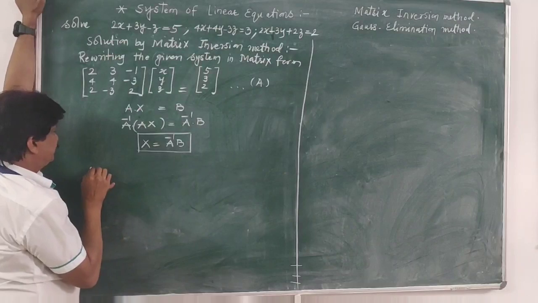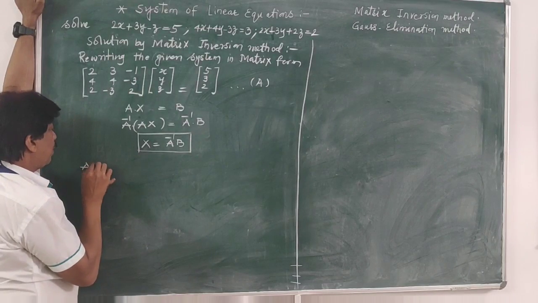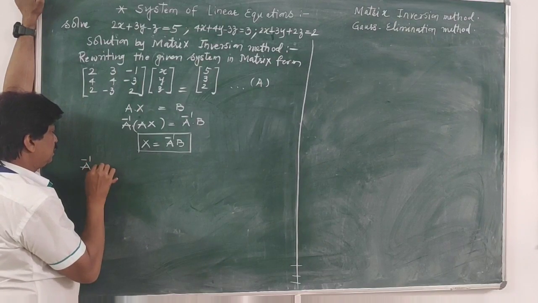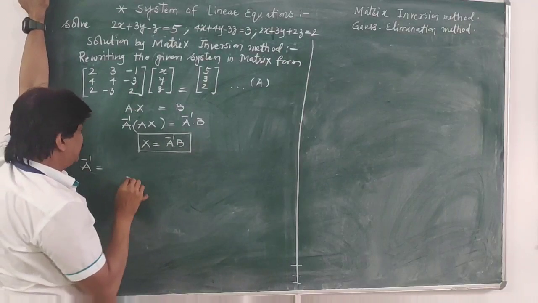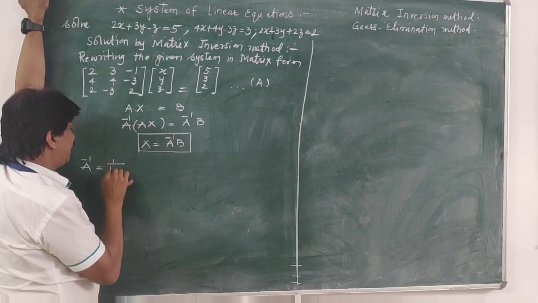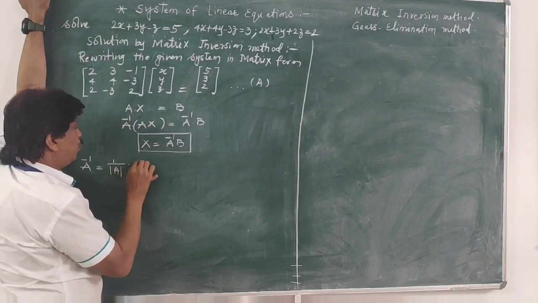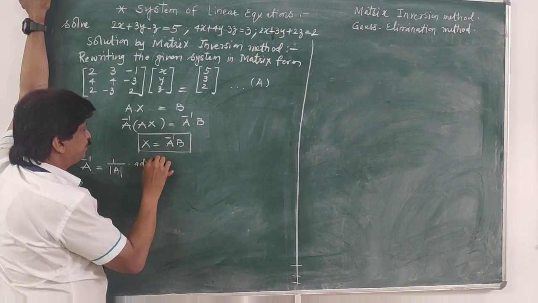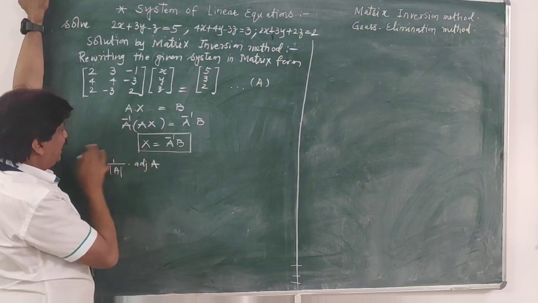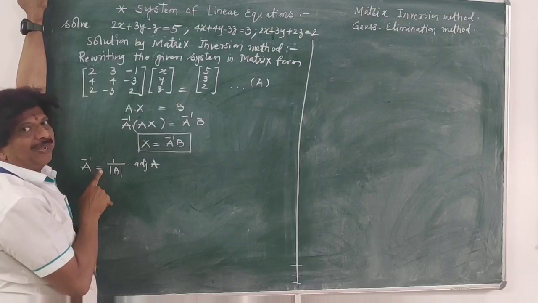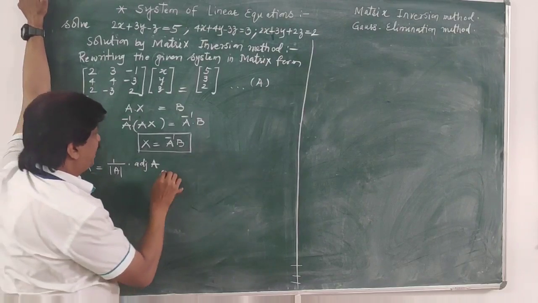So what is A inverse? We know that A inverse is equal to 1 upon the determinant of A into the adjoint of A. So we shall evaluate this inverse by this formula. So what is the determinant of A?